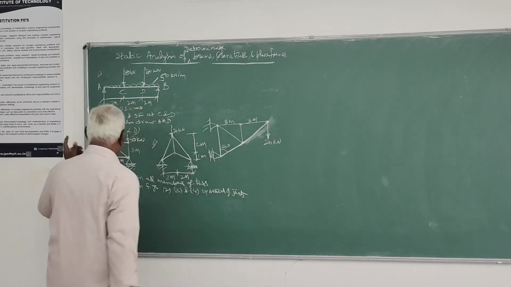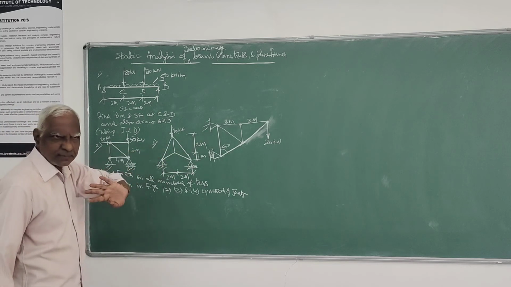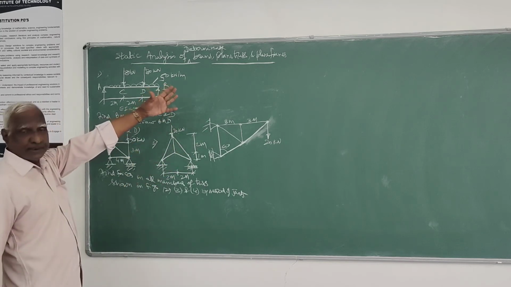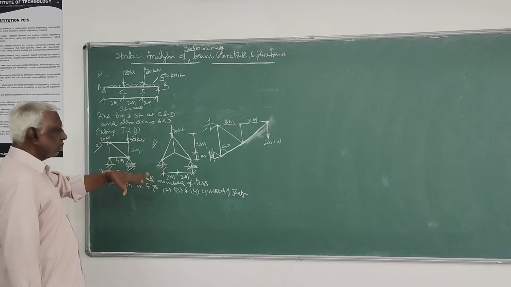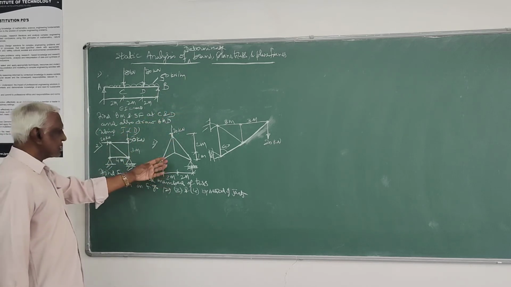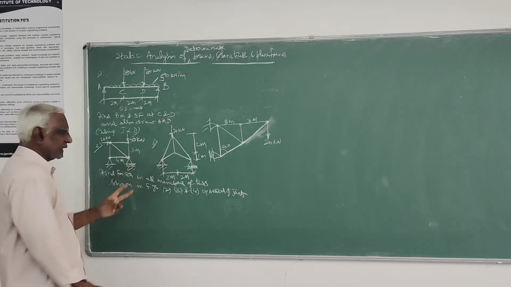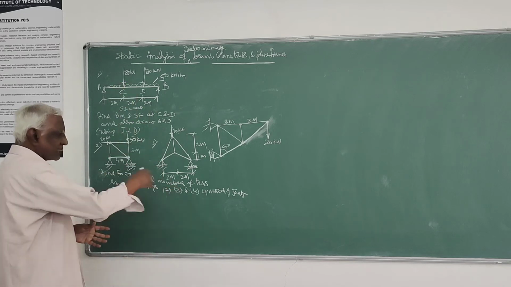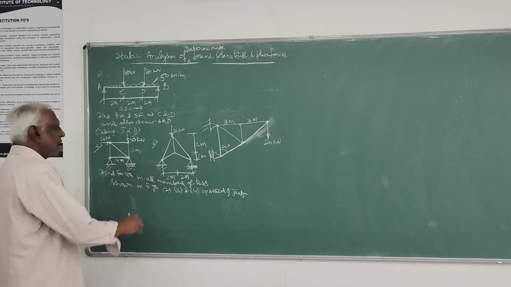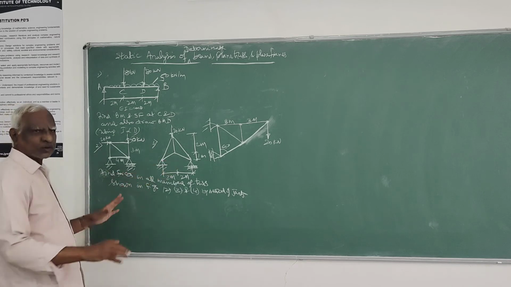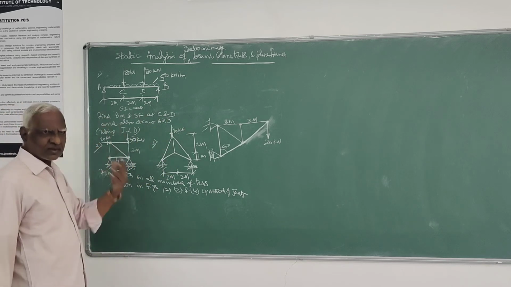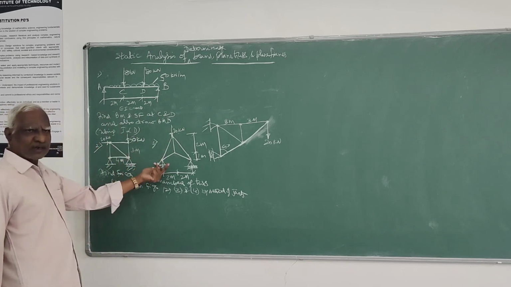First step, you have to find the reactions of the supports, because they are all determinate problems. You apply 3 equations of statics. Sigma M of one of the supports equals 0, you can determine one vertical reaction, and sigma V equals 0 gives the other reaction, as well as sigma H equals 0. If at all a horizontal load is there, you will get a horizontal reaction.